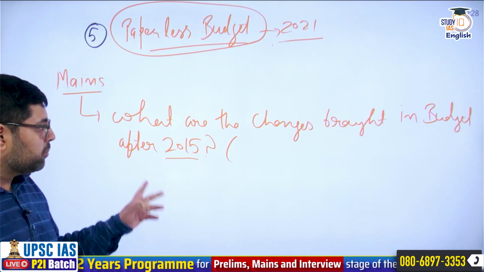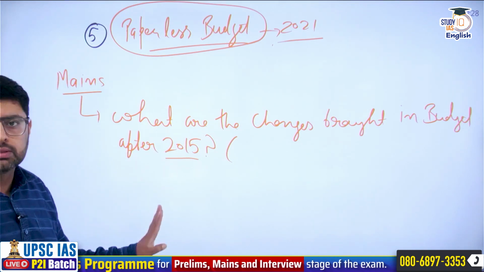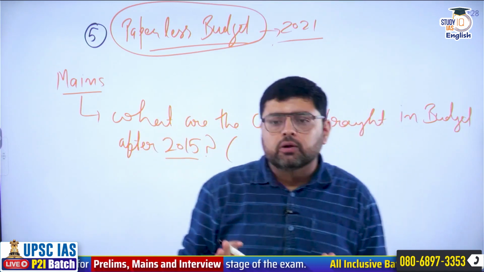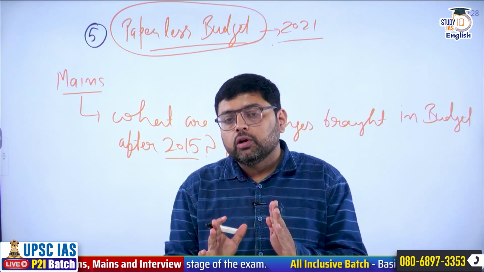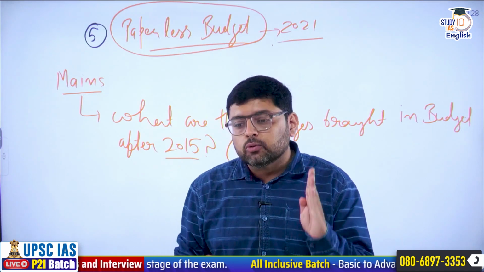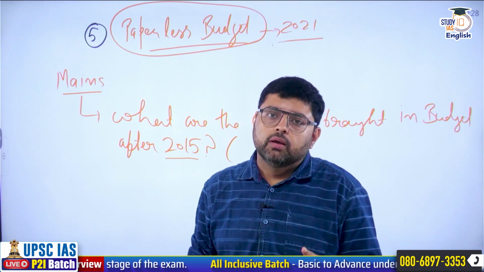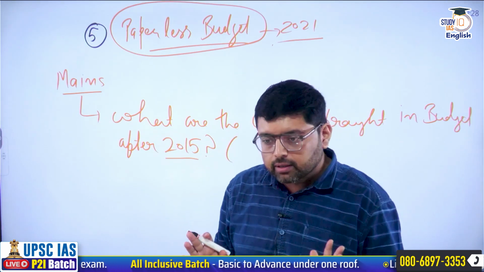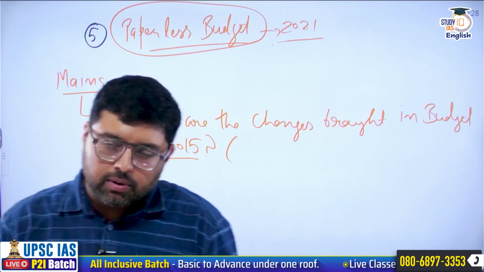So there is a possibility the same question can be asked. Remember that you can predict questions if your hold on previous year questions is very good. And if it is not good, then you can ask me, I'll tell you how to bring it. Clear?